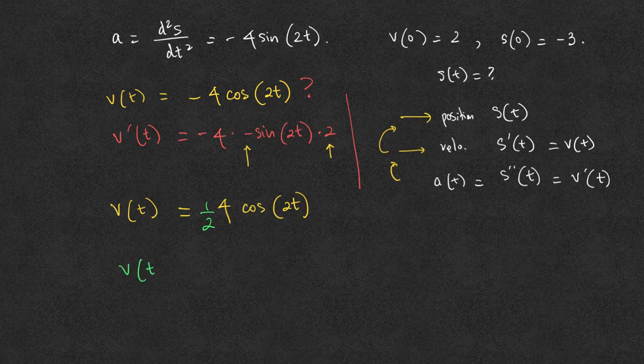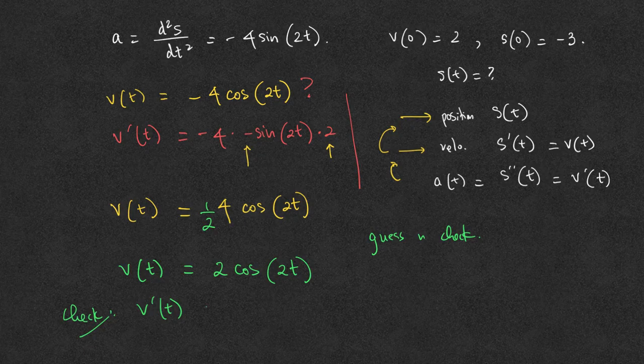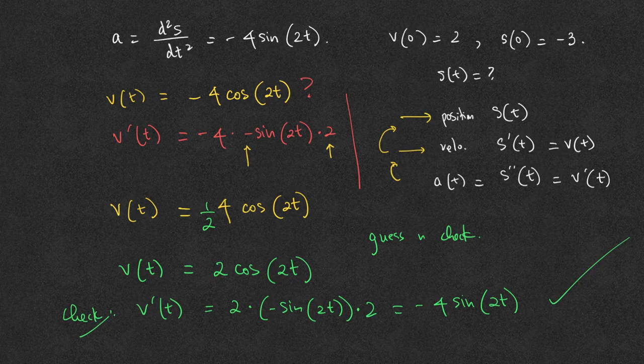And so now v of t is 2 cosine of 2t. This is what we call guess and check for now. And then we need to check this. v prime of t is 2 times the derivative of cosine, which is negative sine of 2t, times 2. And so this is negative 4 sine of 2t, so this checks out.